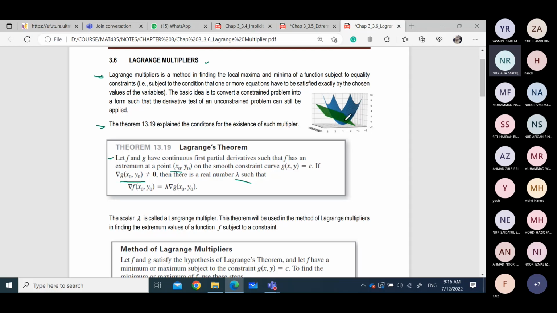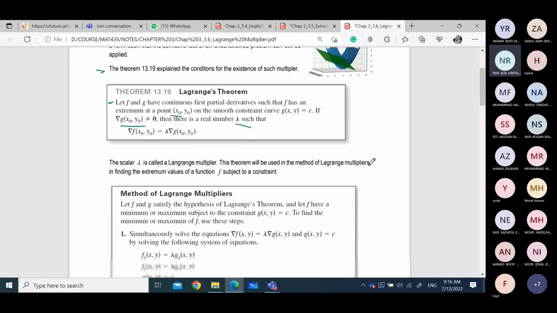The blue one is our surface, and this surface intersects with another object which is this plane. Okay, the green one is the plane. Alright. So in this case, it is more suitable for us to use Lagrange multipliers.